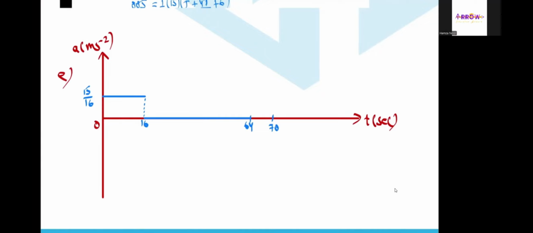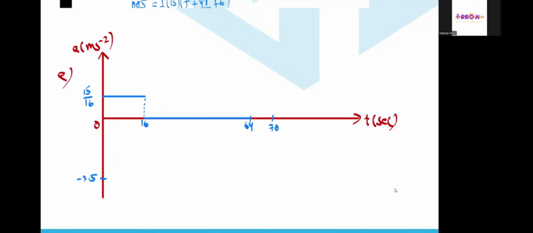So here I'm going to write minus 2.5, which looks much better. The distance from the horizontal axis to 15 over 16 is small, and the distance to minus 2.5 is higher.